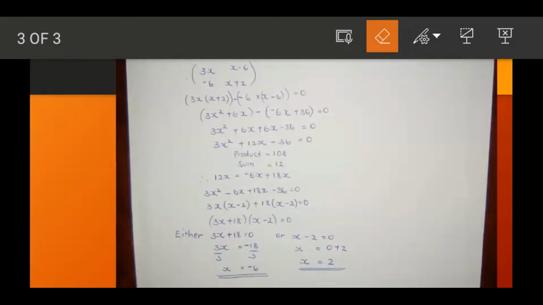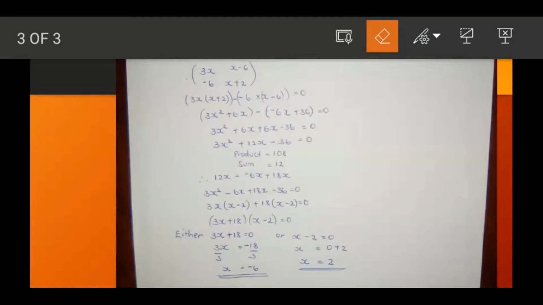Then our product will be 108 and the sum will be 12. Then when we split 12x, we are going to get negative 6x plus 18x. So 3x squared minus 6x, since we've split the 12x, plus 18x minus 36 is equal to 0.